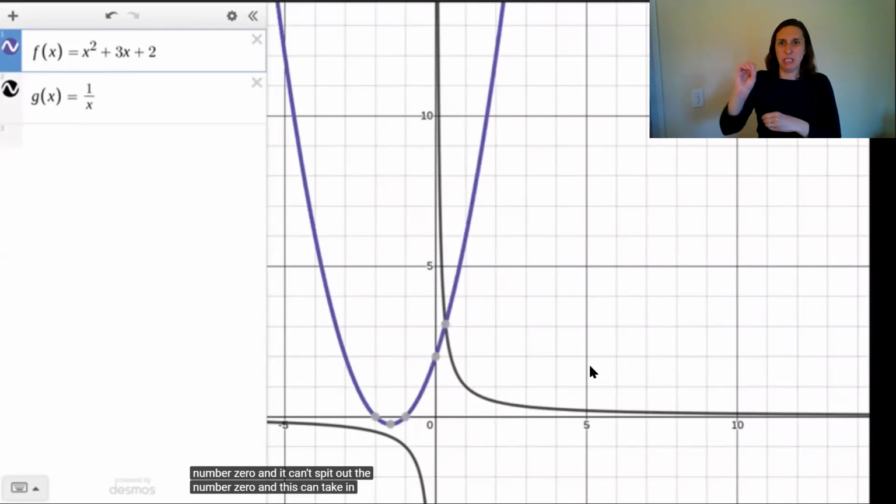And this can take in anything, but it can't spit out anything less than -1/4. And domains and ranges are really important when I'm going to combine these two functions, because the combination of them is going to be delimited by how I put numbers into them.